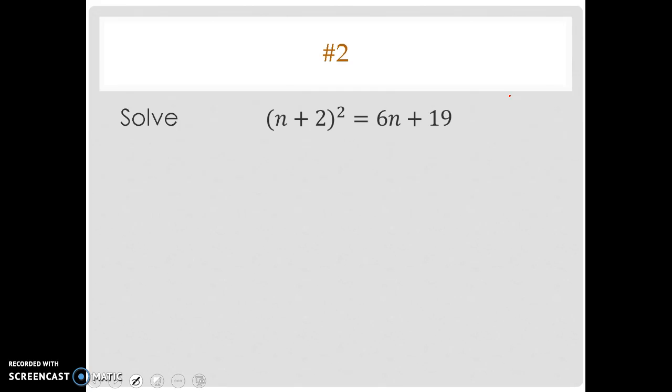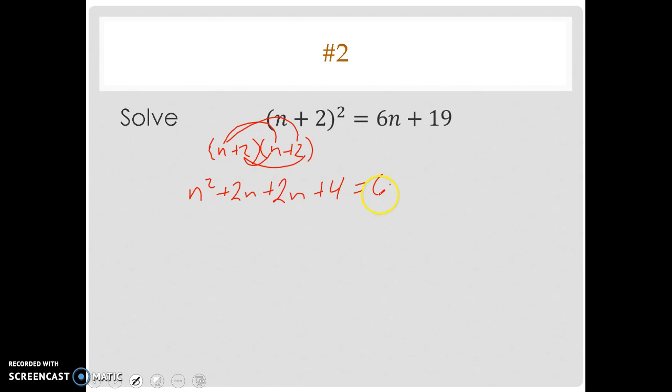The n plus 2 squared, that means we're going to take n plus 2 times itself, n plus 2, which means we're going to have to FOIL. I'm going to take n times n is n squared. n times 2 is 2n. 2 times n is another 2n, and 2 times 2 is 4.